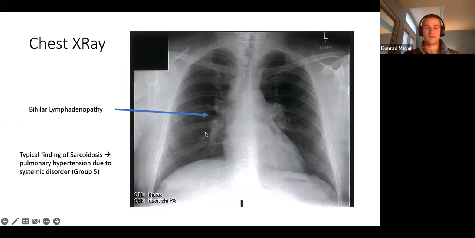So if we have somebody with pulmonary hypertension and sarcoidosis, and this X-ray, they probably have pulmonary hypertension due to sarcoidosis. So the mode of action would be to treat sarcoidosis, because that would probably help with the pulmonary hypertension. And so this would be an example of the group 5 unclear WHO pulmonary hypertension.